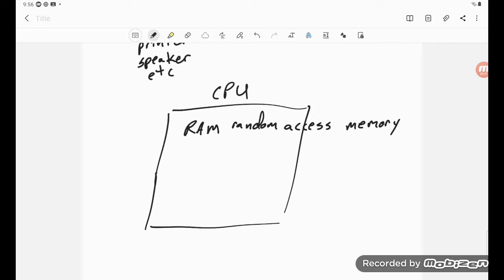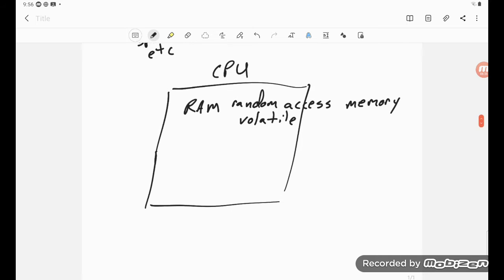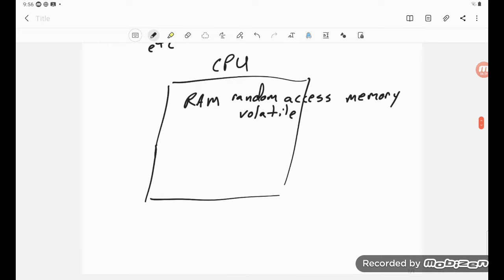And so, however, this is very volatile. It needs to get swapped in and out and changed all the time for the computer to keep up with all its tasks. But the bigger it is, the more it can hold.